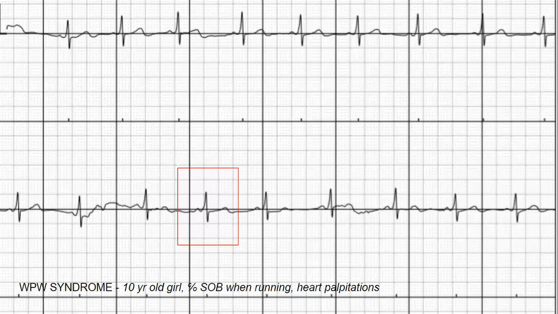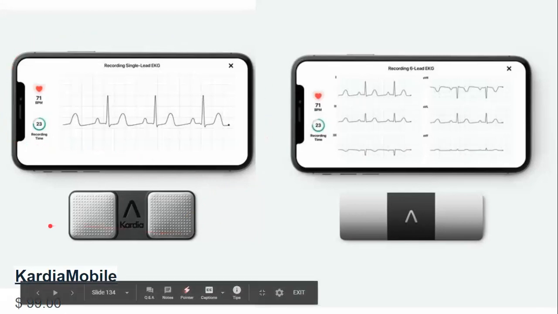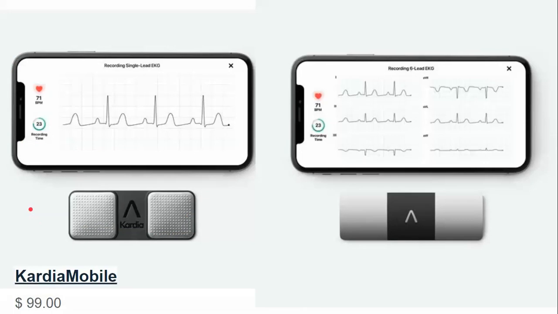And I wanted to show you something else. The mom and dad were so worried about the kid's palpitations, they went to the App Store on their iPhone and downloaded this app, which blows my mind, for 99 bucks. You buy this pad, I think they bought it on Amazon, and then they download the app that comes with it, and the app on your iPhone connects to this little finger pad.